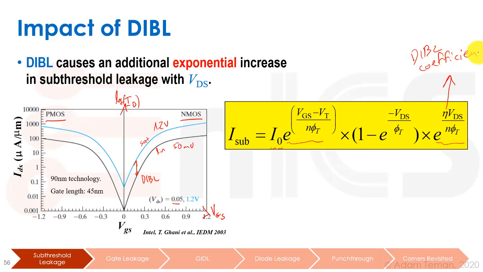This middle part tries to take into account what happens when, for example, VDS is 0. This just cancels out the whole thing, so we get no leakage, obviously, if VDS is 0. So this is one of the popular models for subthreshold current. Other popular models for subthreshold current are the EKV model, and there are several others that try to model it in a nice way.